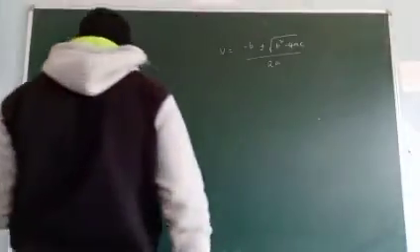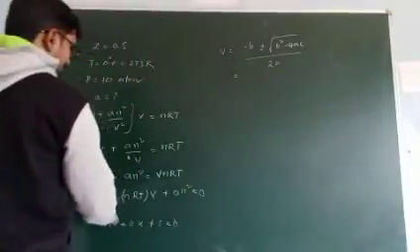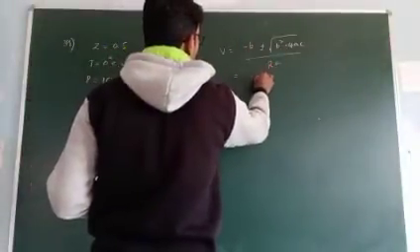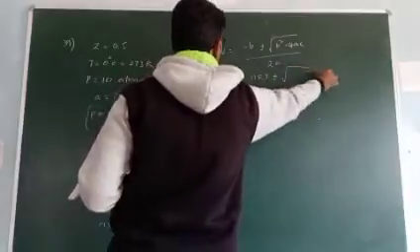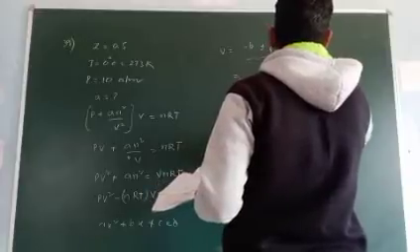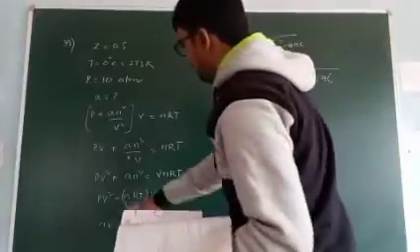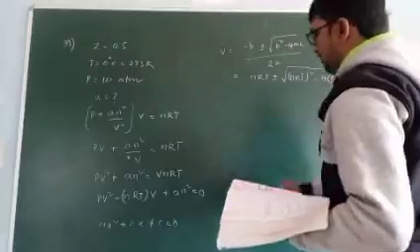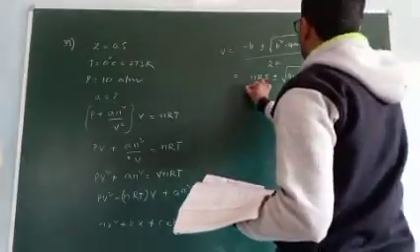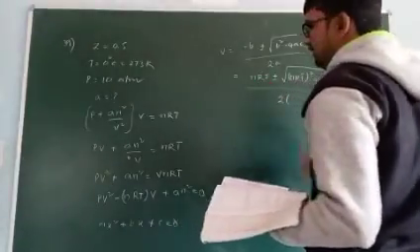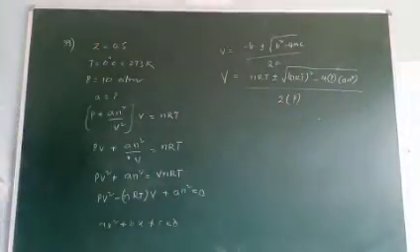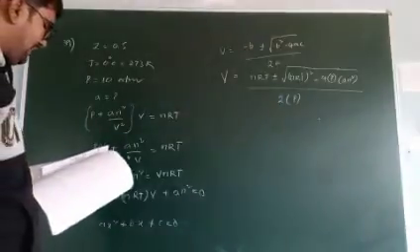Applying this, here b is minus nRT, so minus into minus gives plus nRT plus or minus root over (nRT) whole square minus 4 into a, which is P, and c, which is a n², by 2 into P. Here V is constant.